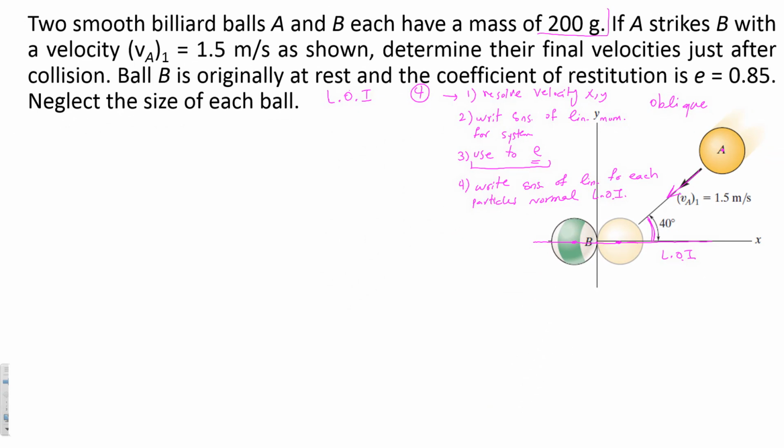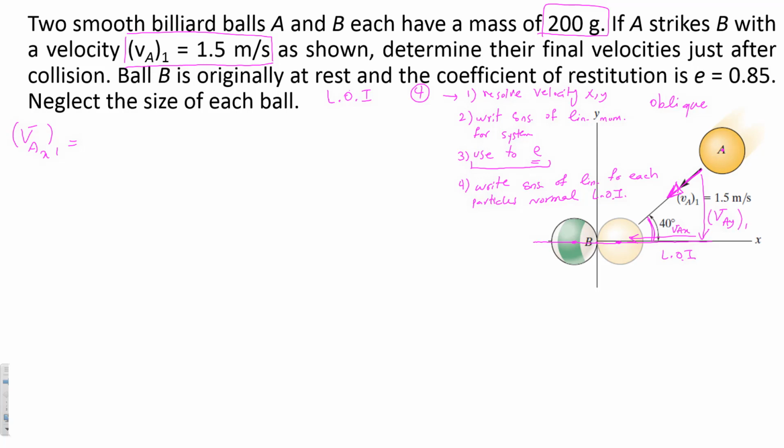So let's see how we can apply these 4 steps. We know the mass of the particles as a side note, and we also know the velocity of particle A just before the impact. Let me find the velocity components along the x and y direction just before the impact. For A, these are my components.